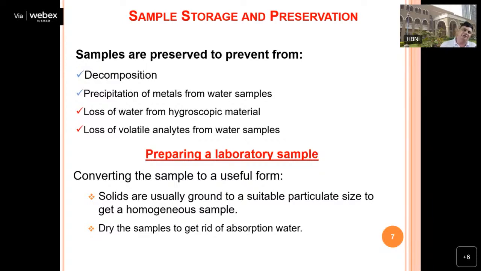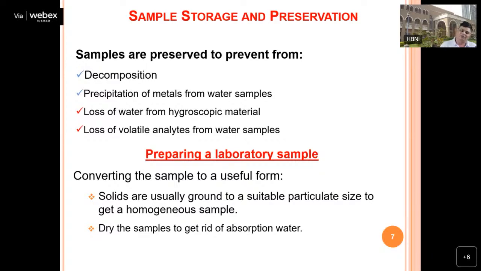If your material is hygroscopic and not kept in an airtight container, you will lose water from it. And if you are interested in analyzing mercury or arsenic, these are volatile materials, so one has to be very careful while collecting samples when looking for volatile elements.